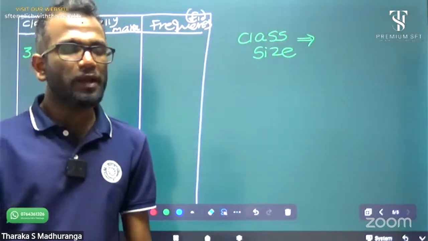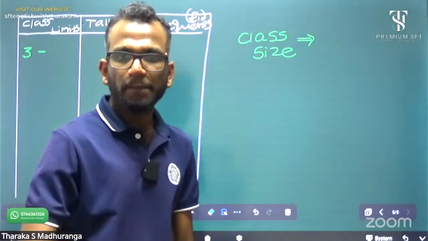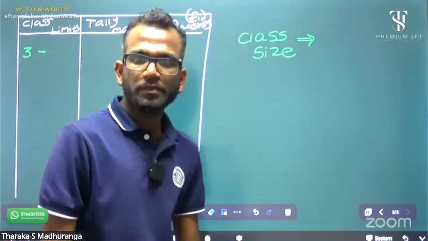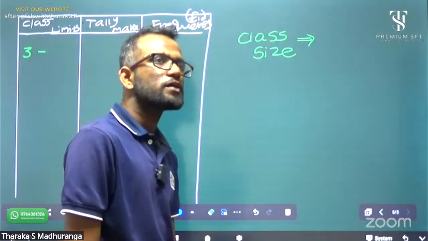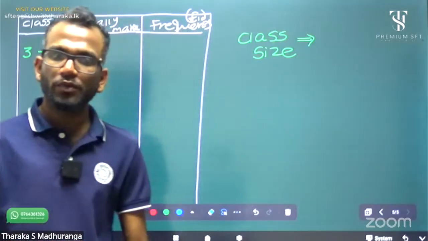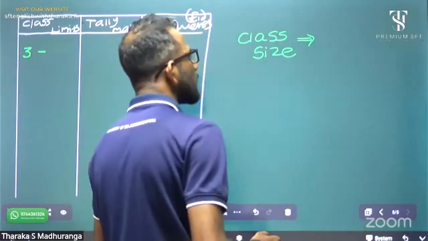Upper class boundary minus lower class boundary. Yes, this is the equation. But do you know the upper class boundary or lower class boundary? No, you don't know. Therefore, you have to use another method to find the class size.